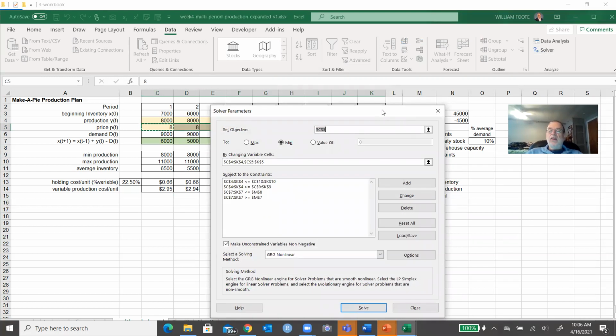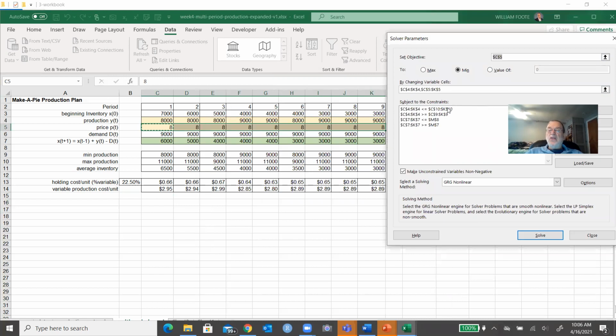As you can see here, each of the constraints goes from C to K. That's the minimum and maximum production constraint. And the two operative inventory constraints also go from C to K to their respective right-hand side.